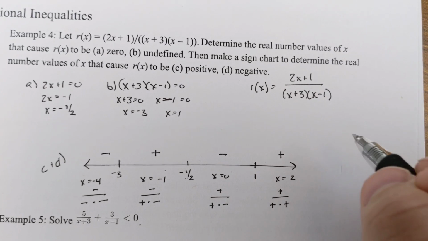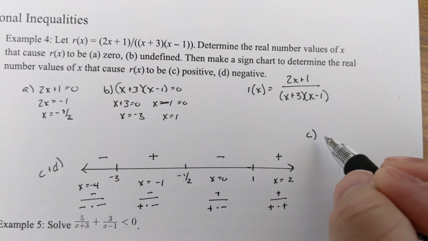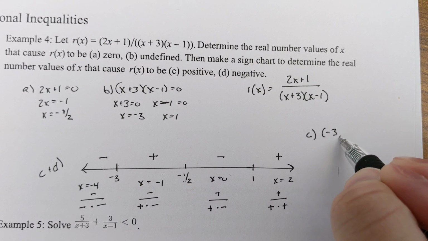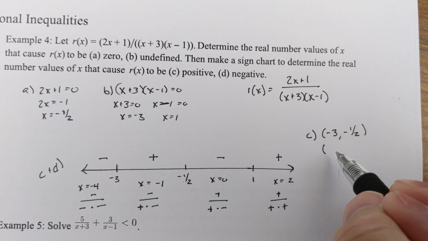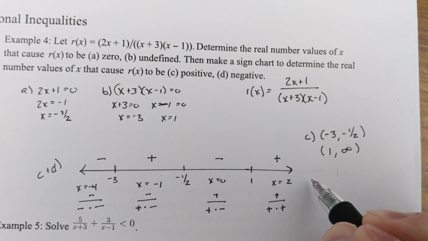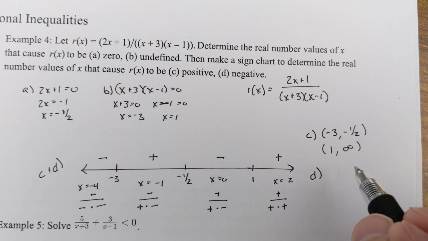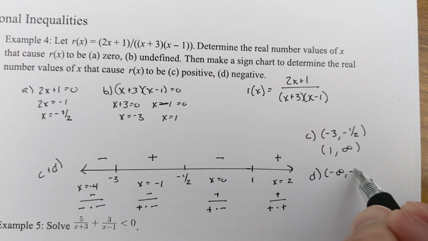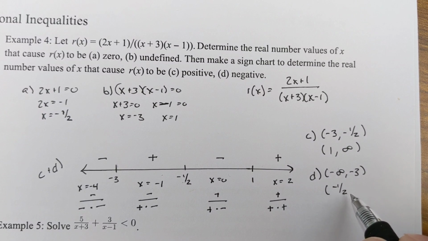So if you need to write, for C, where is the graph positive? Well, it's positive between -3 and -0.5, and anything more than 1. So for D, where is it negative? Well, it's negative anywhere less than -3, so -infinity to -3, and between -0.5 and +1.